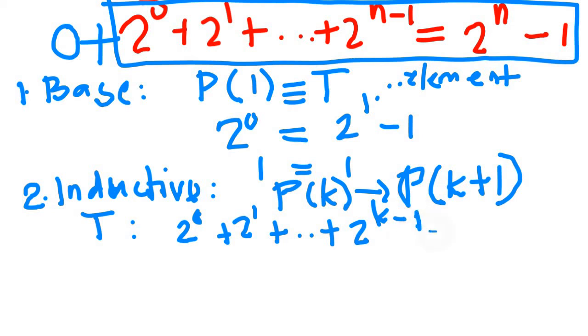So that should be equal to 2 to the k minus 1.